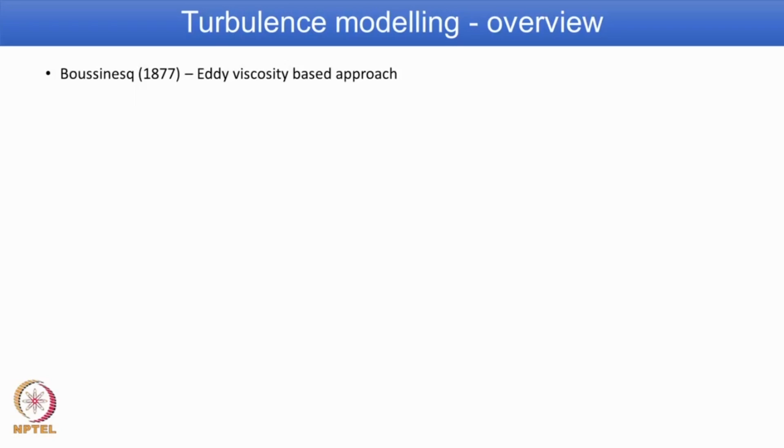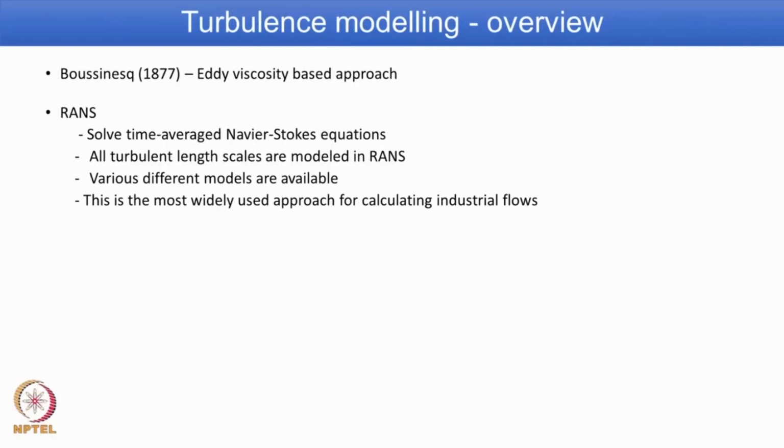The turbulence models have been in existence since identification of laminar flow and turbulent flow in a flow regime. There has been a development on the modeling side, there have been many attempts on improving the models or approach to solve a turbulent flow itself. So, overall the turbulence modeling is classified as RANS approach, where we solve time averaged Navier-Stokes equation.